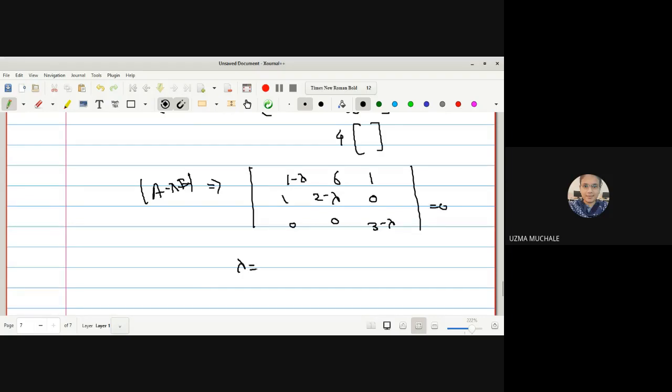No doubt you are going to get an eigenvalue lambda equal to 4, because this is the power method in which you get the largest eigenvalue. So from these 3 eigenvalues you can see that 4 is the largest eigenvalue. Okay.